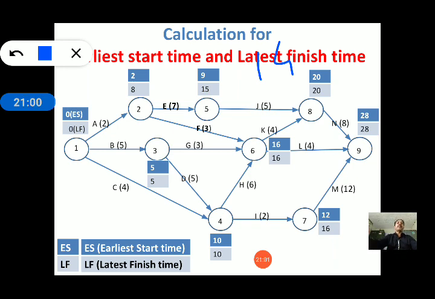But you have to take the maximum. At this event, two events are coming, so you have to take the maximum value. Here 9 plus 5 is equal to 14. But another activity is also coming towards event number 8, so 16 plus 4 is equal to 20. So take the maximum.